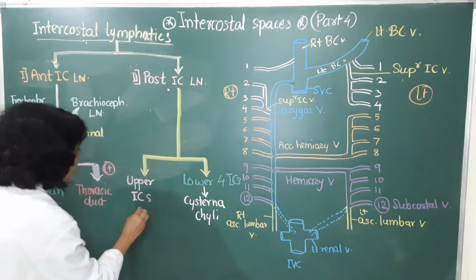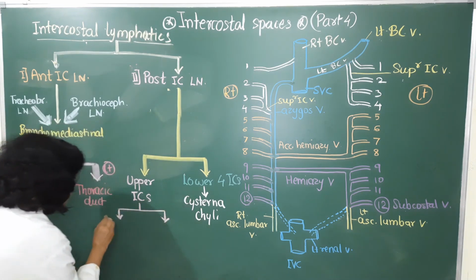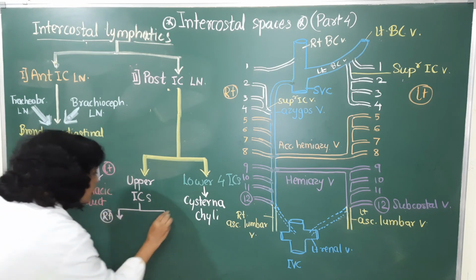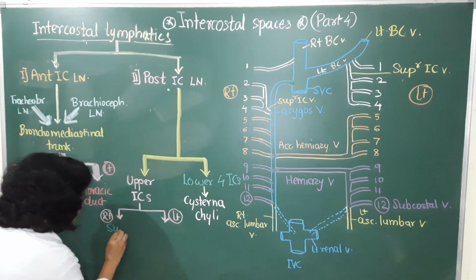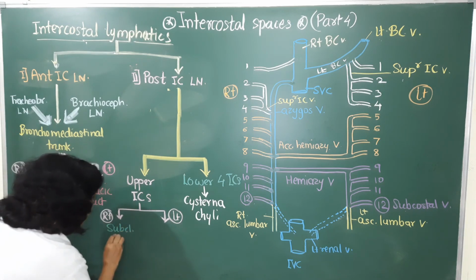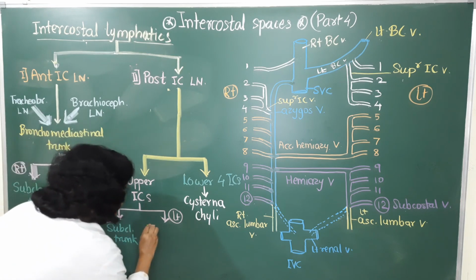That means they are divided into right and left sides. On the right side they open into the subclavian trunk, and on the left side they open into the thoracic duct.